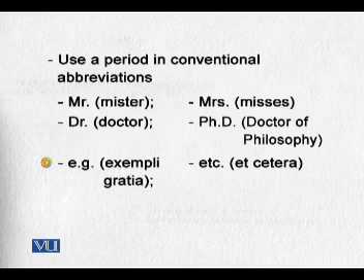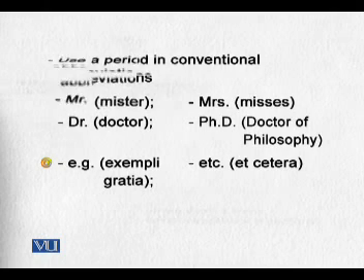So this is exempli gratia, e.g. Now dot is actually a full stop. Then comes etc. When we are talking about lists, for example, and we want to introduce the end of our list, we can say etc. Et stands for et cetera. It's an abbreviation, so a full stop will be there.